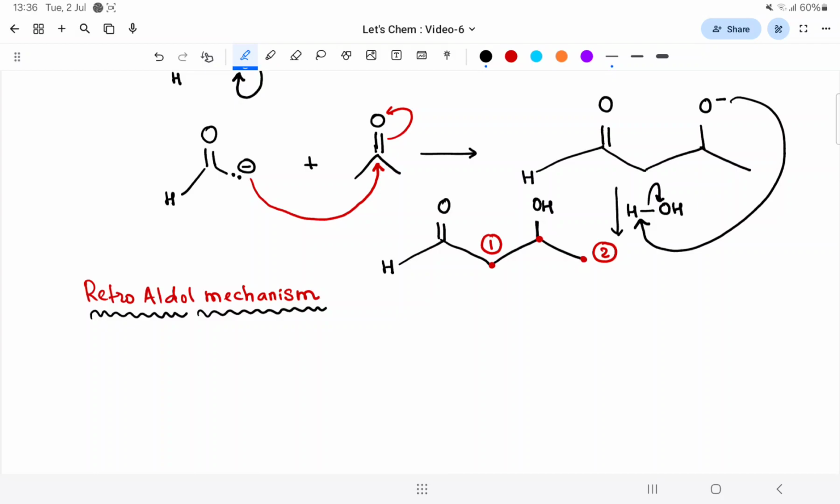So in retroaldol mechanism, what is going to happen? I'll take the product that I've got, and this product I will make it react with OH minus.